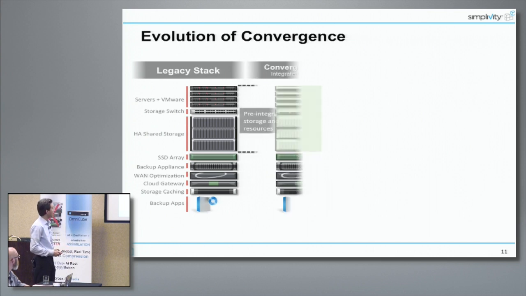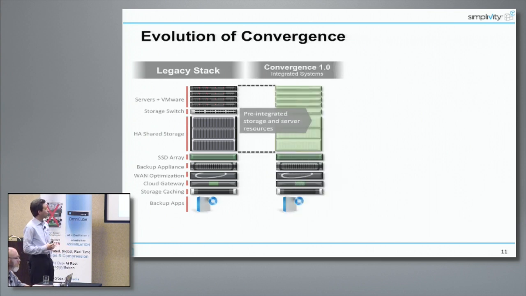This is the traditional stack. Convergence 1.0, or what Gartner calls integrated systems, is the systems that were really pre-integration, right? You can think of them as pre-built reference architectures, whatever words we want to use, just to remove convergence as the buzzword for a minute. If you took existing technologies, wrap sheet metal, maybe some software around those, that's convergence 1.0.